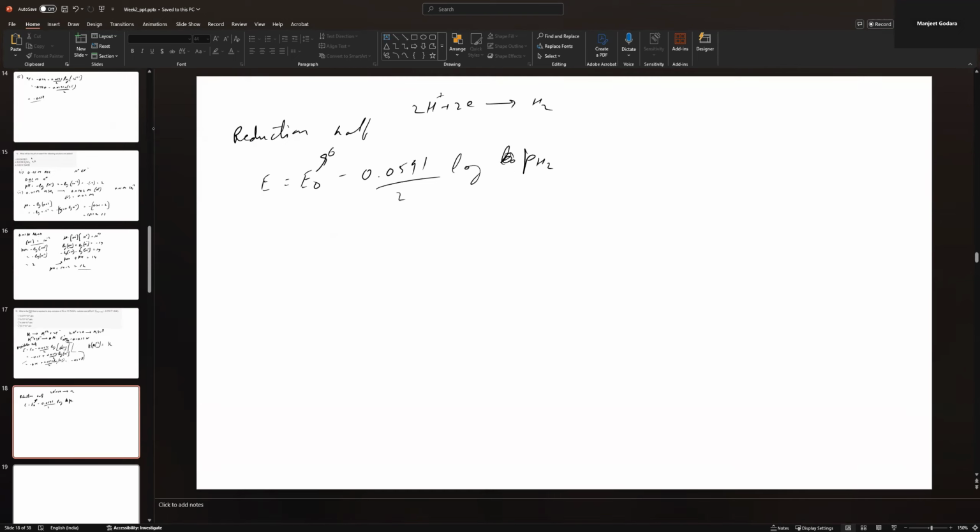Partial pressure of H2 divided by H plus concentration. Clear?